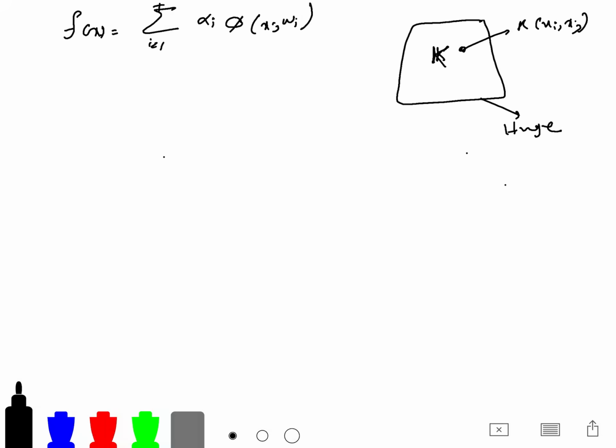For example, a billion by billion matrix, which corresponds to a billion images, or a billion words, or a billion assets.